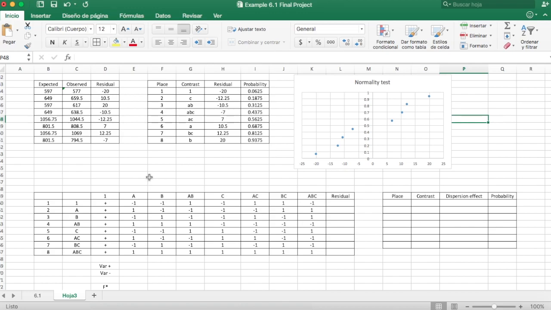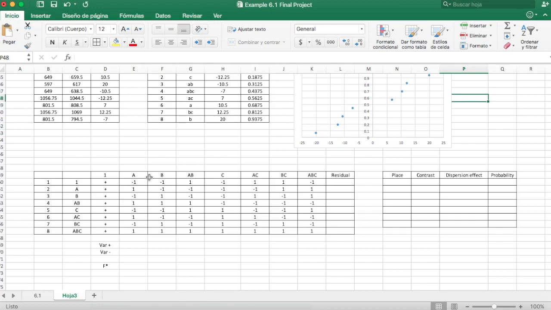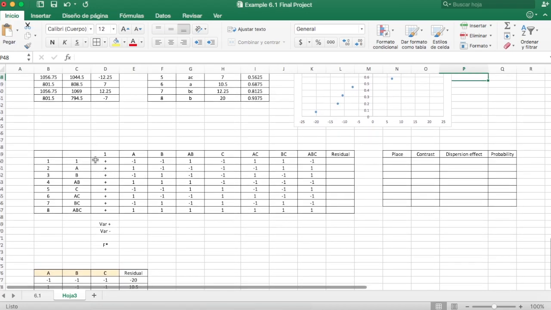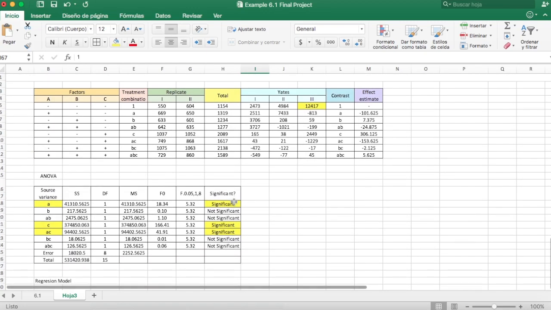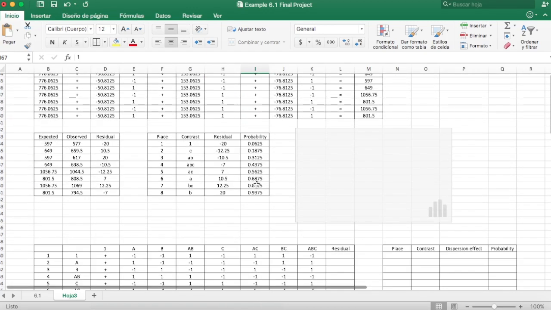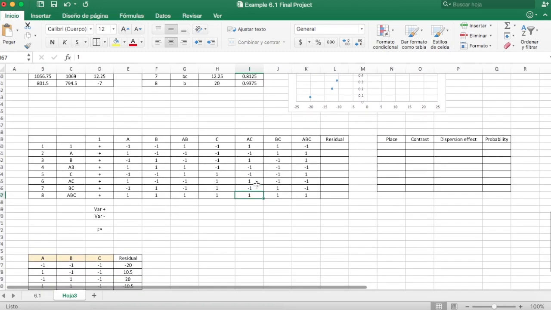Then we are going to calculate the variance and the dispersion effect. So we have here a table of the factors, and it's coded values. So for A is this one, for B is this one, the interaction between A and B. You can find this table on the internet, or you can do it yourself with this table that you already have.